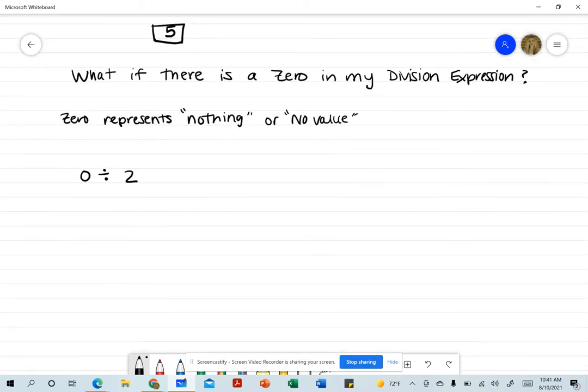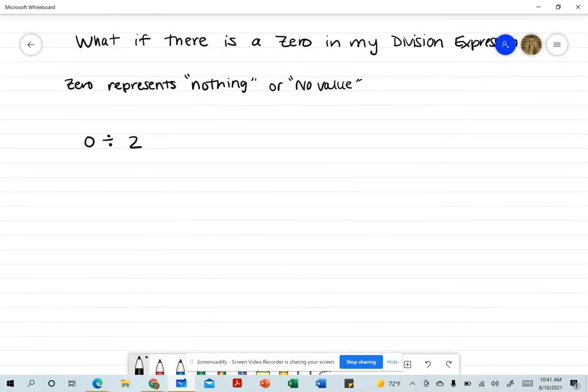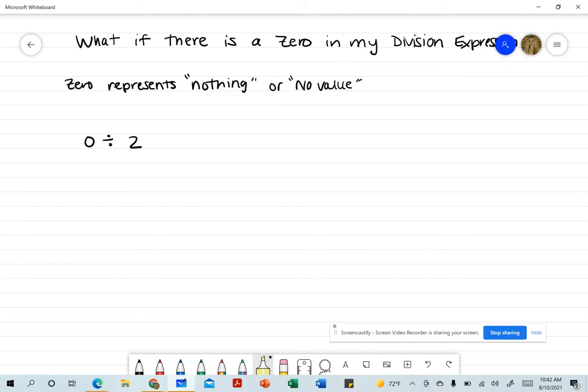Well, to represent nothing, I'm going to create a box with my highlighter. So this box right here represents 0. This whole box. This is 0. This is nothing.